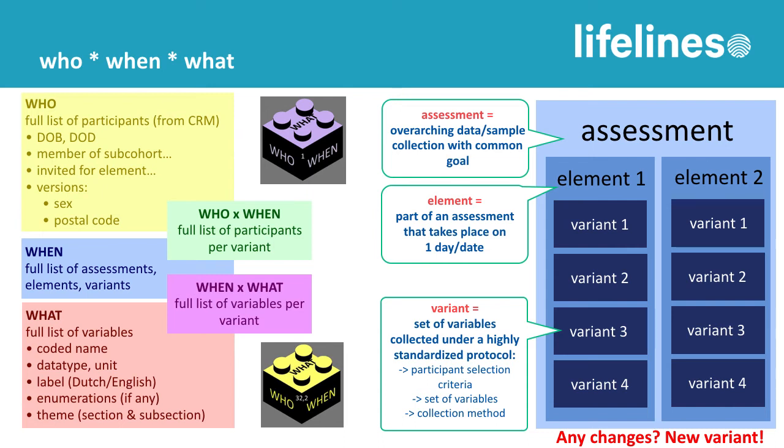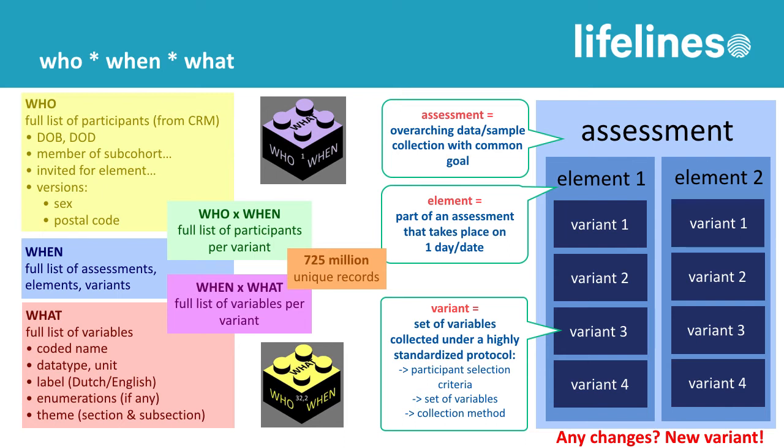In other words, which variant contains which variable set. So these are two important cross tables. And the third cross table is the combination of both, and there you can call it the who, when, what. And that's 725 million unique records or data points, if you will.